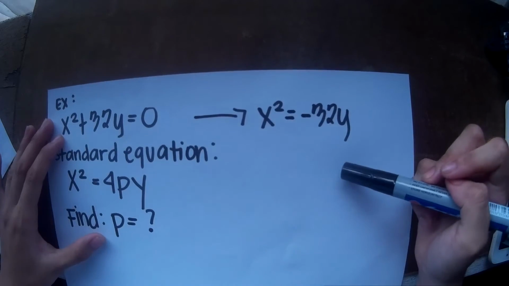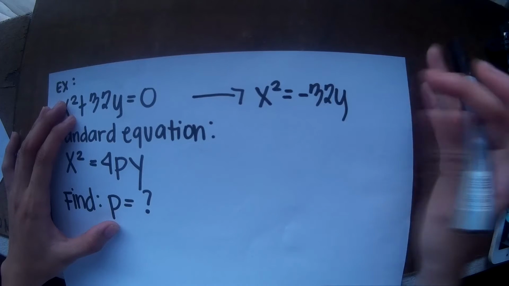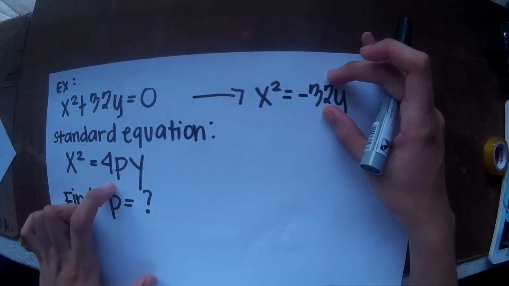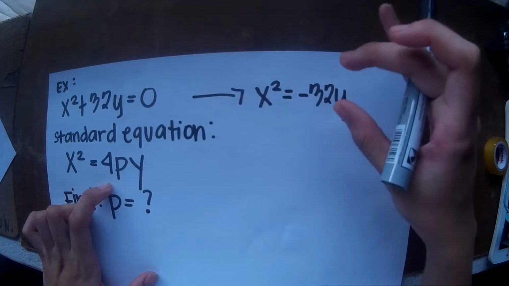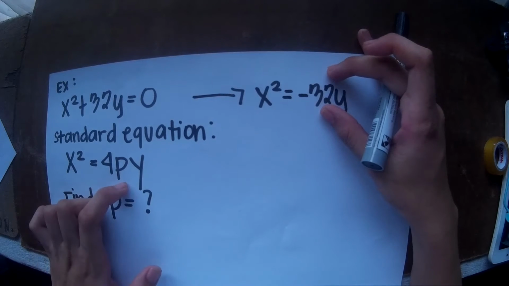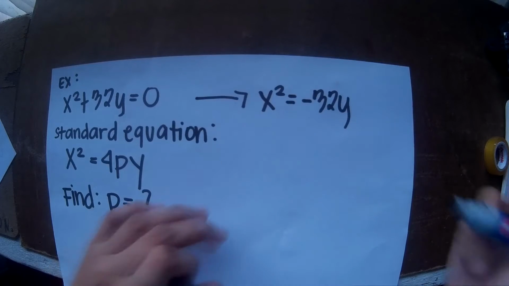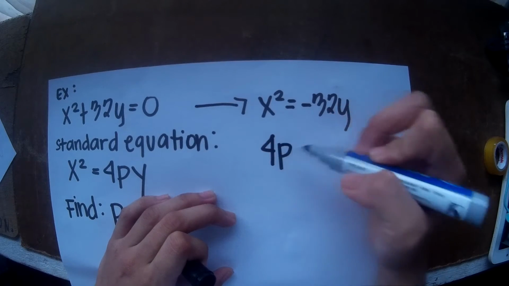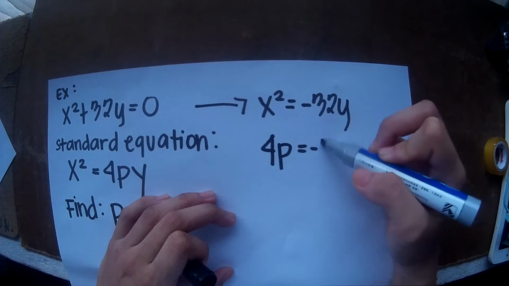So here, this is equal to this, right? Because they are in the same position. So it's going to be 4p equals negative 32.